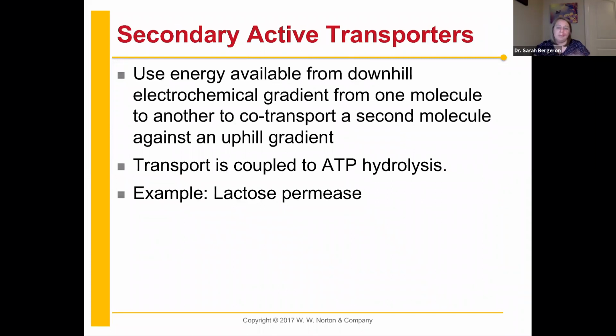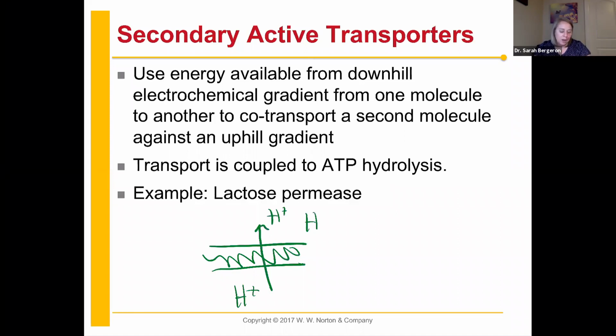Okay, now we're going to talk about secondary active transporters, right? So they're going to use the energy that's already available from downhill electrochemical gradients. So think about this, right? This is a symporter. You just have to kind of think about it that way. So let's say you have a membrane and you have hydrogen ions and you're going to use ATP to transport your hydrogen ions across the membrane, right?